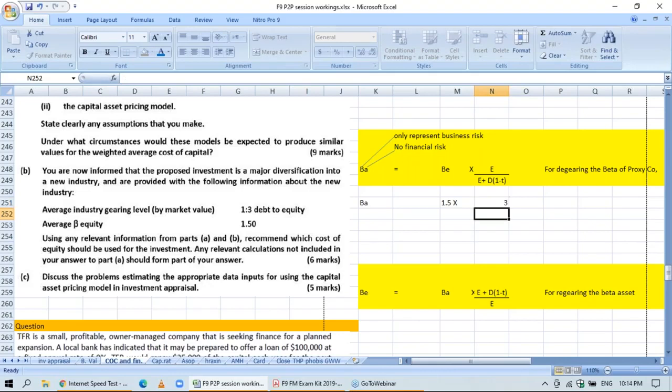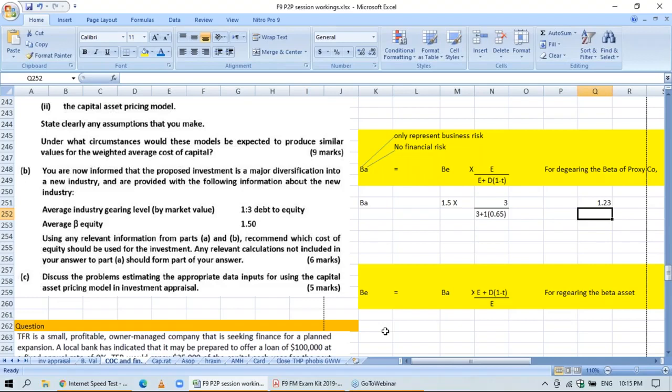Then the denominator is equity plus the debt, which is 1, and 0.65, 1 minus tax rate. So if you solve this, you will arrive at the beta asset. So the beta asset is 1.23 in this case. Check, it is lower than the beta equity of the proxy company. 1.23 is lower than 1.5, right? Always it should be lower.